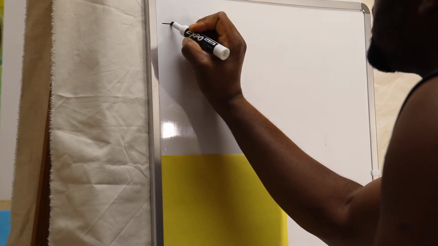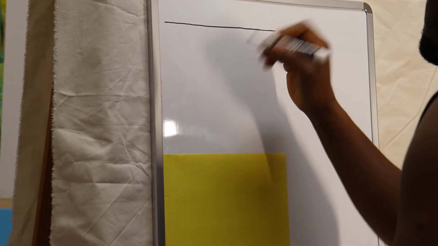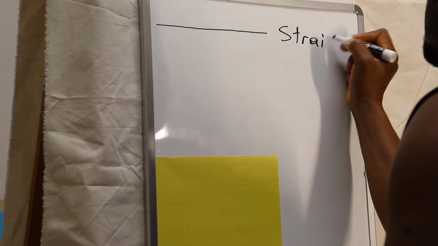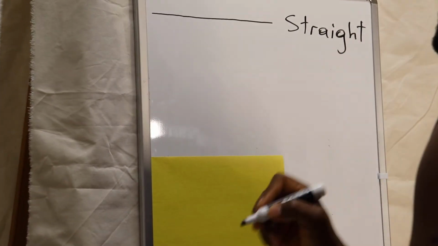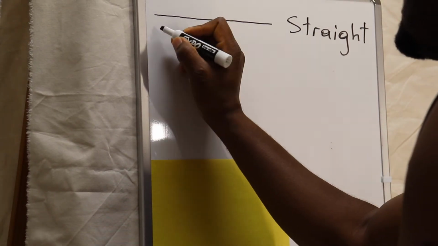So pretty much you can have the regular, which we're familiar with, a straight line, and how we describe these characteristics.